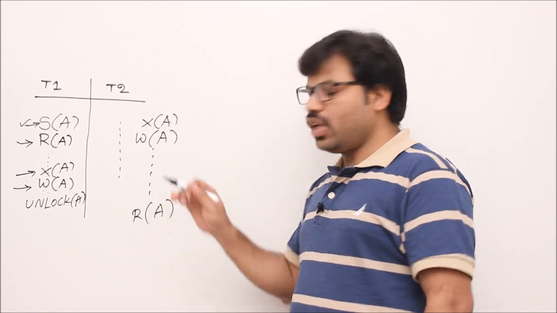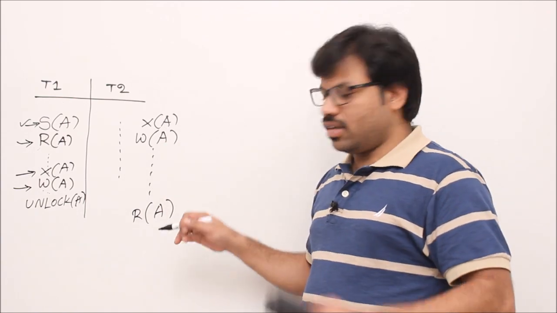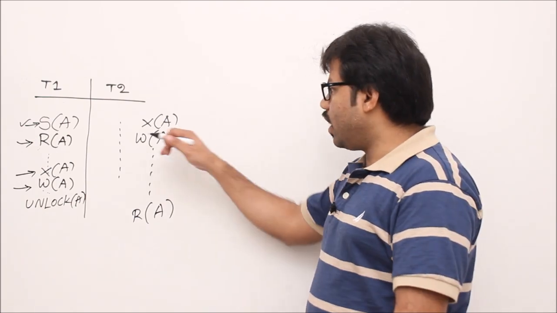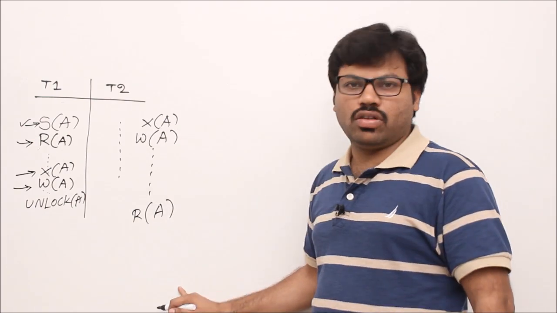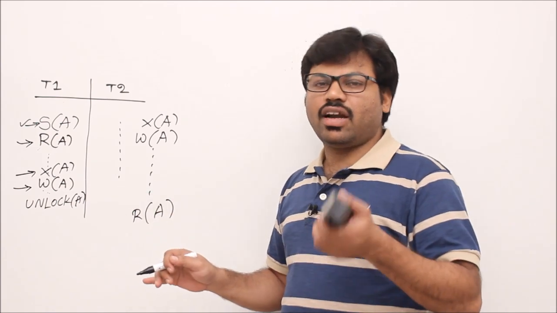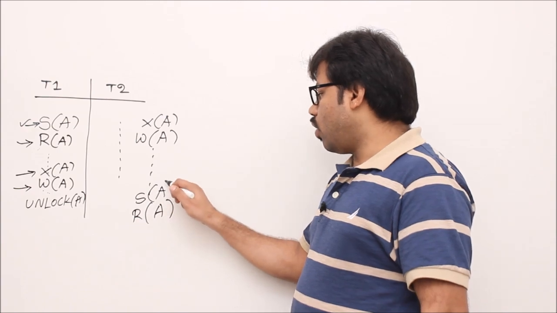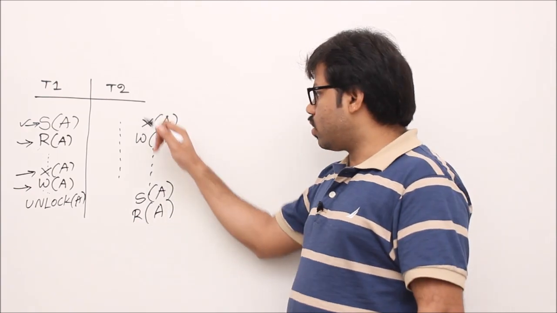If you can downgrade your lock, other readers can come and join you. That is the flexibility, right? If you keep the exclusive lock and continue your process, other readers cannot hold the lock. So that's why we go for downgradation, that is, exclusive to shared.